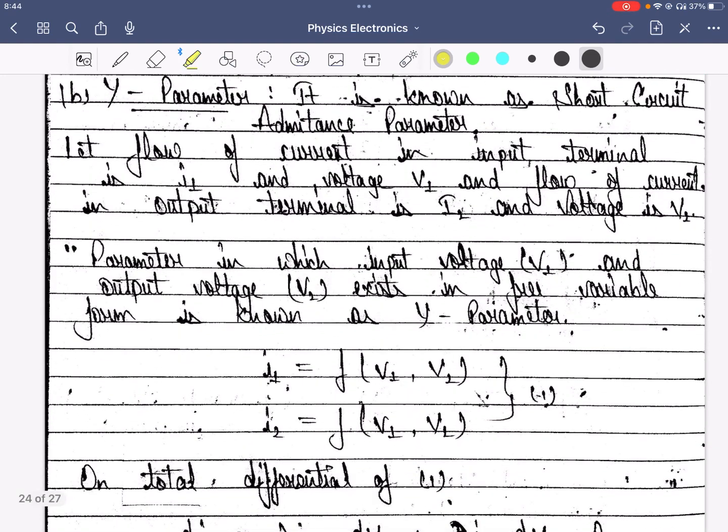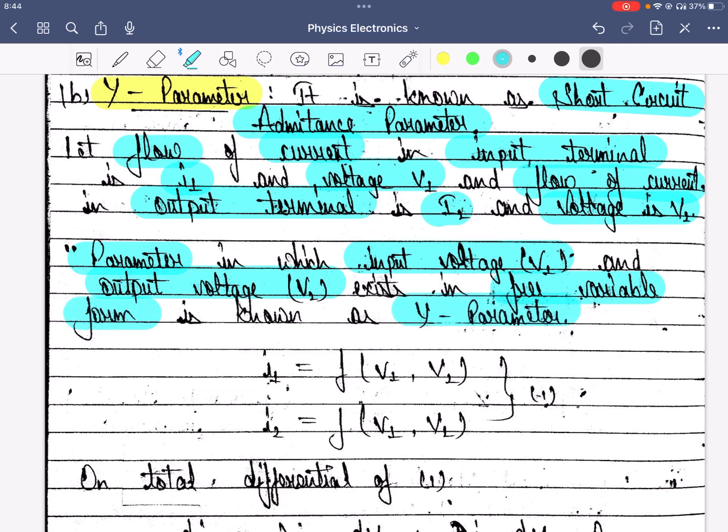Now the second one is the Y parameter. It is also known as the short circuit admittance parameter. Now let the flow of current in input terminal is I1 and the voltage is V1 and the flow of current in output terminal is I2 and the voltage is V2, then parameter in which input voltage V1 and output voltage V2 exist in free variable form is known as the Y parameter.